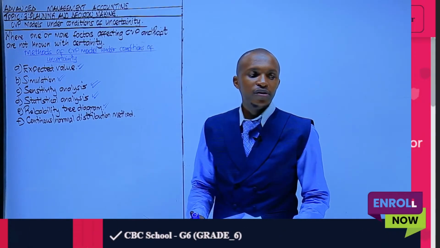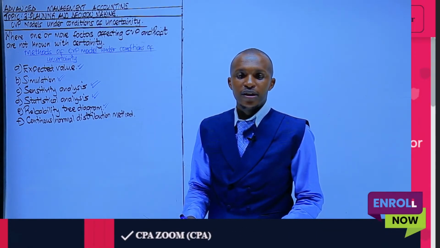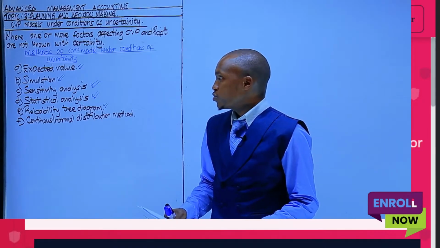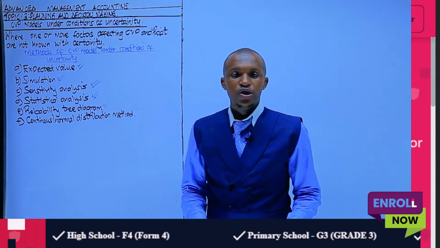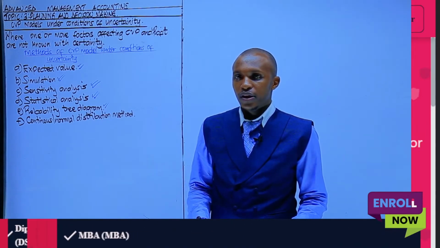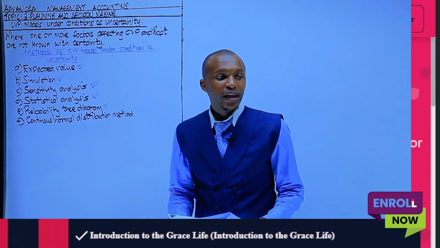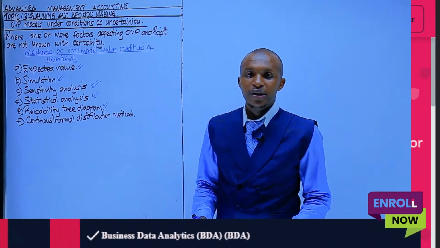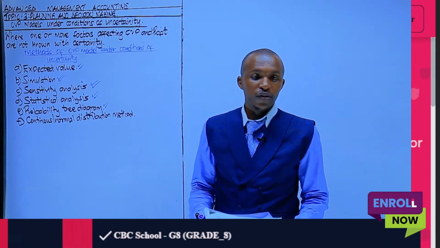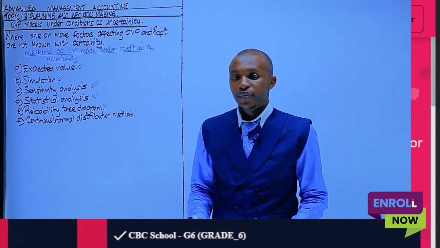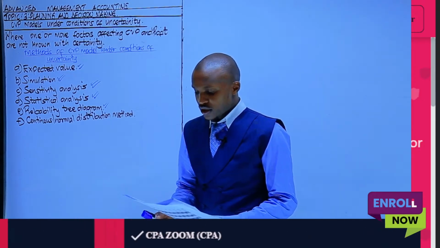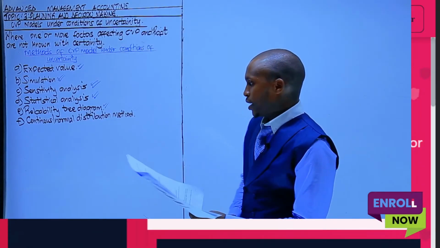So out of the 6 methods that are used to deal with CVP under conditions of uncertainty, the one remaining is the continuous distribution method or normal distribution method. And that is what we will talk about today.